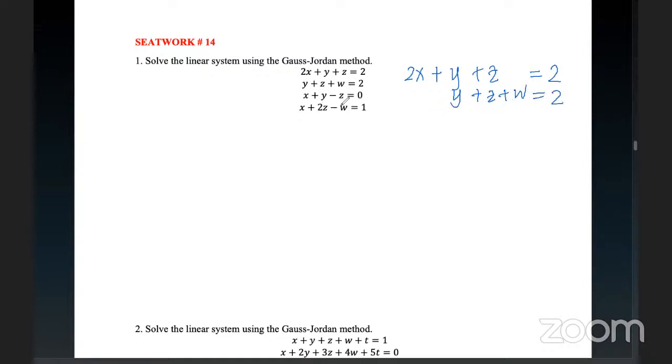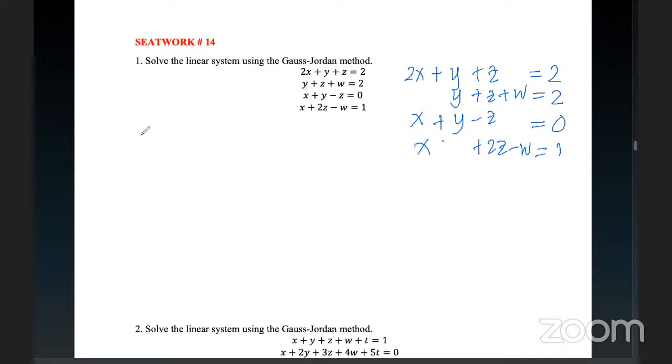Then sa third equation natin, meron tayong x plus y minus z. Wala tayong w. So may space ka dyan, equal to 0. And then for the last equation, so x plus, wala kang y, so plus 2z minus w equal to 1.